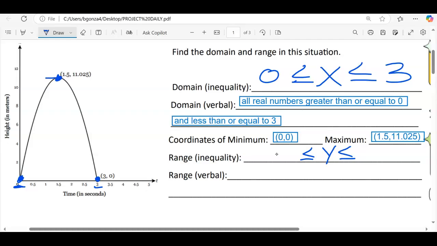At the top, this y value is the y value of the maximum. Okay, so you're basically going from here to here. So you can go ahead and write 0 at the bottom and 11.025 on the top. Okay.